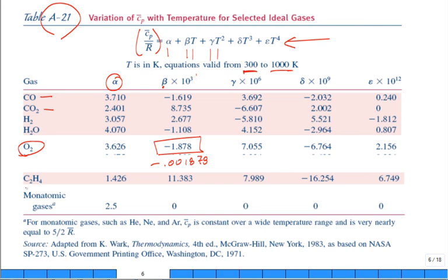Notice right down here, what is that? Monoatomic gases. What is a little a? Go to footnote a. For monoatomic gases such as helium, neon, argon, C sub p bar is constant over a wide temperature range, not all the temperatures in the world, but over a very wide temperature range, and is very nearly approximately equal to 2.5 times R. That's the same, 5 halves is 2.5, isn't it?